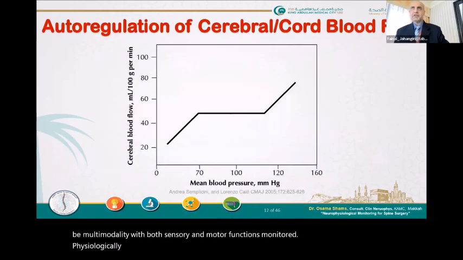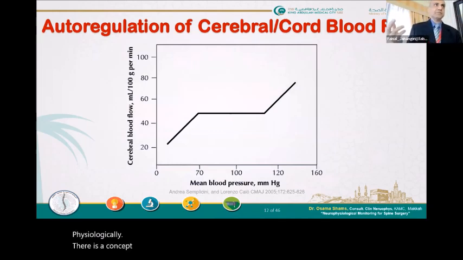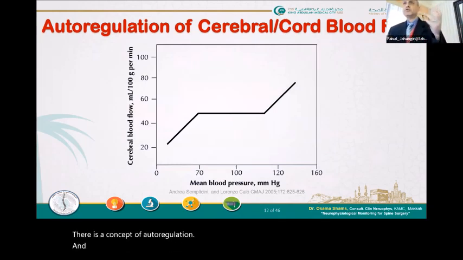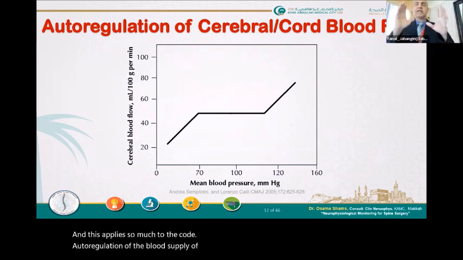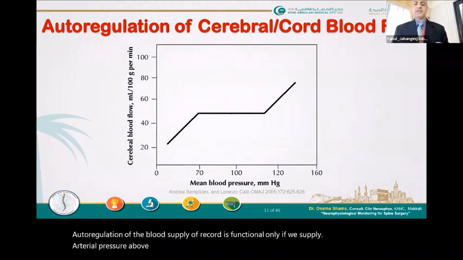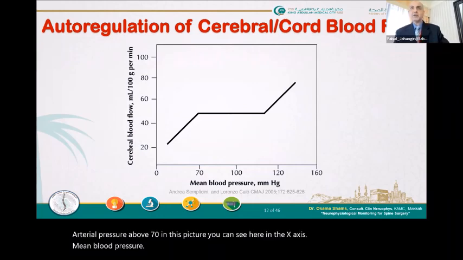Physiologically, there is a concept of autoregulation. And this applies so much to the cord. Autoregulation of the blood supply of the cord is functional only if we supply mean arterial pressure above 70. In this picture, you can see on the x-axis, mean blood pressure, and on the y-axis, cerebral blood flow, tissue perfusion.